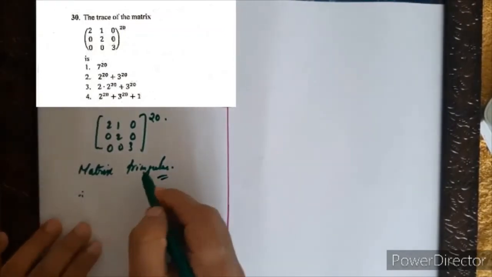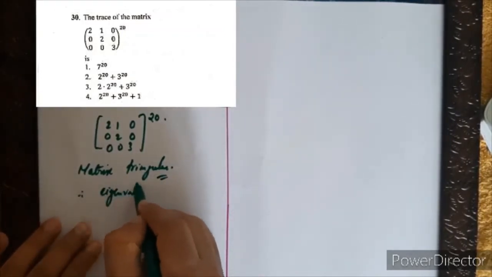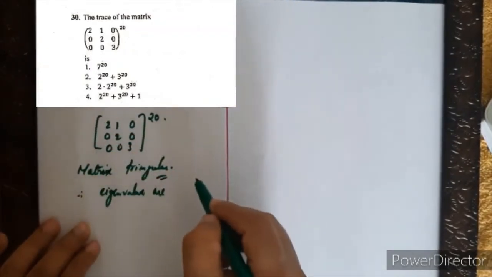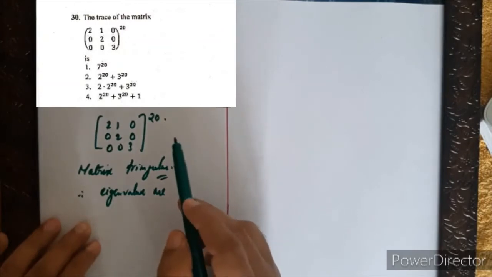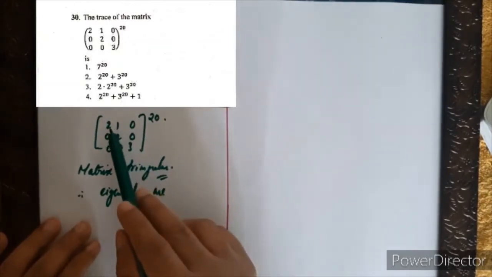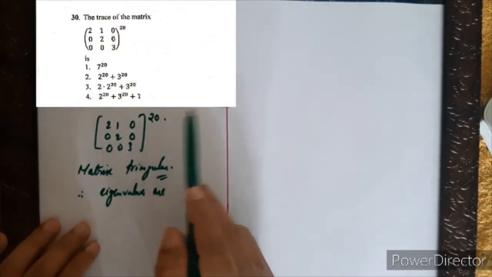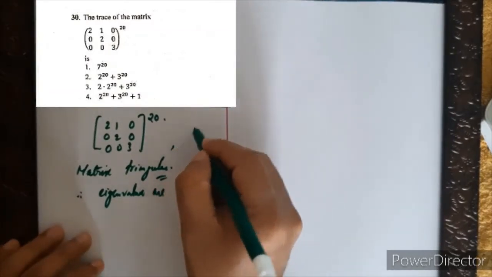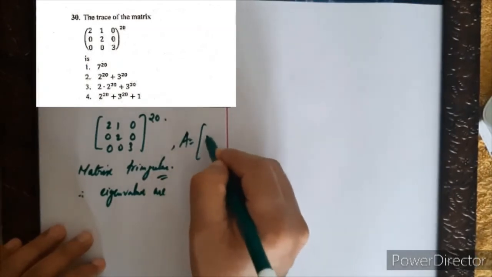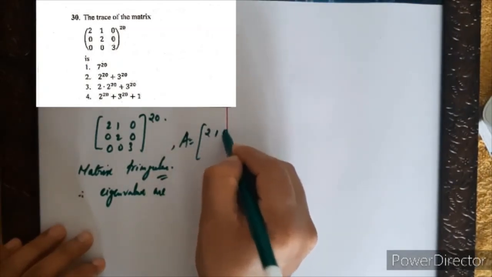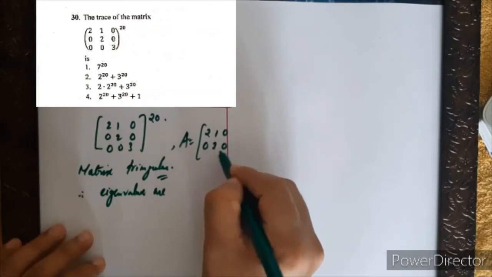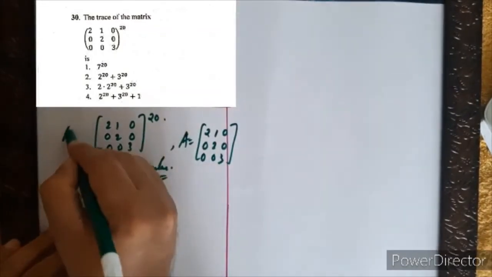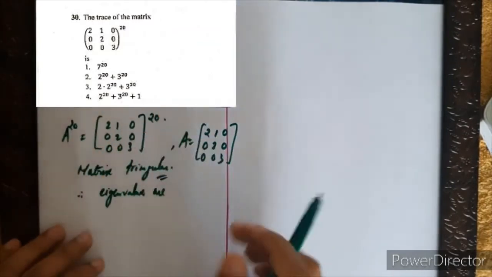Therefore the eigenvalues of the matrix are the diagonal entries. If I take A equal to this matrix, then A raised to 20 is the matrix we want.